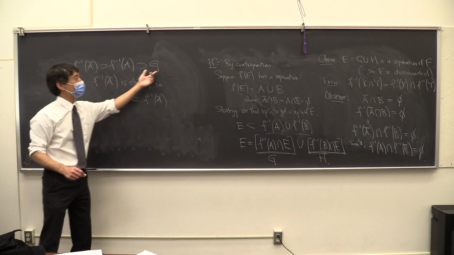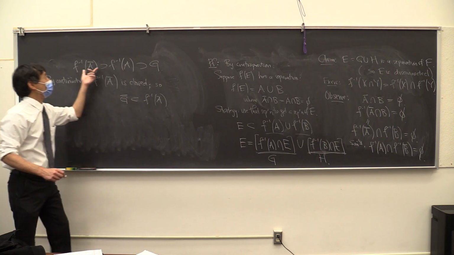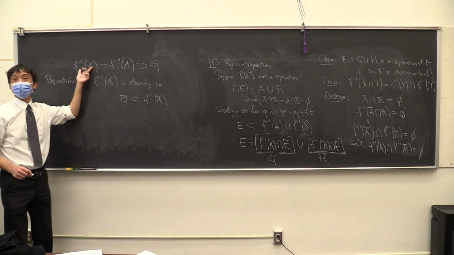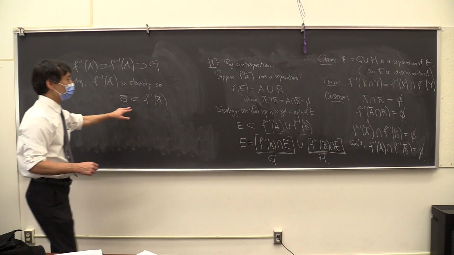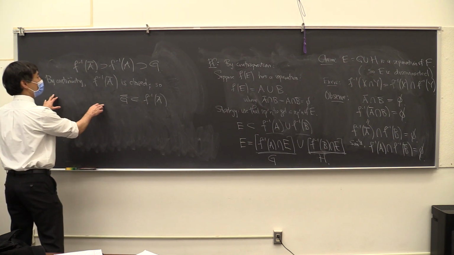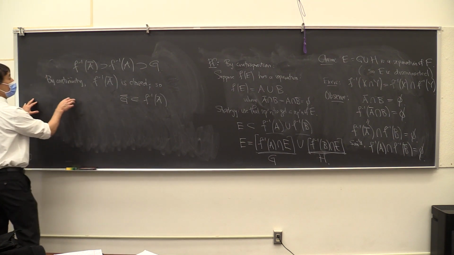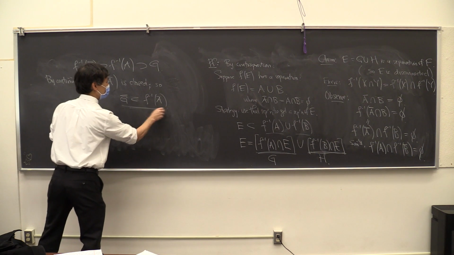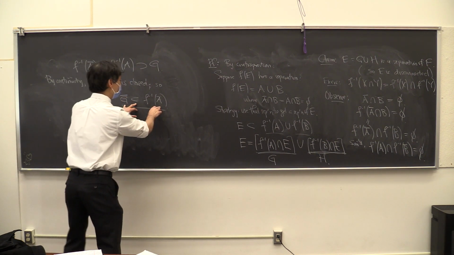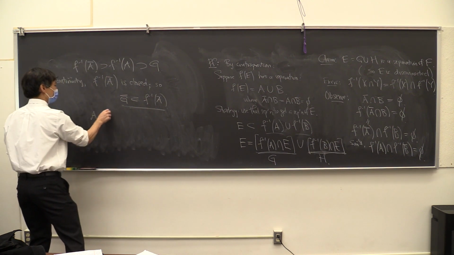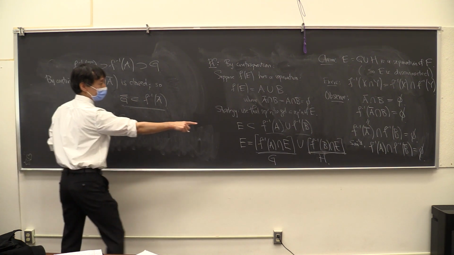Throwing in the limit points of G, they're already included in the closure here. We don't have any trouble. So now this guy sits inside of F inverse A bar, and H, remember what H was?